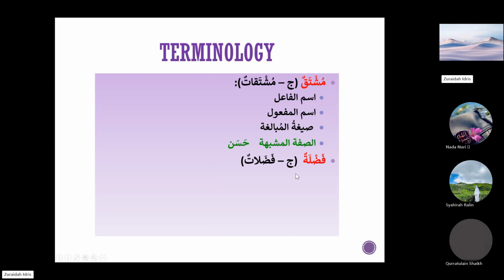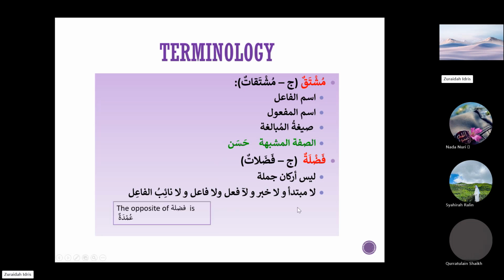So that's the plural. And as I said before, it's not an arkan or an umdah. That means it's not mubtada, khabar, fi'il, fa'il, or naibul fa'il. Now these are the pillars in your sentence. You take any one of these out, it stops becoming a jumla fi'liyah, it stops becoming a jumla ismiyah.